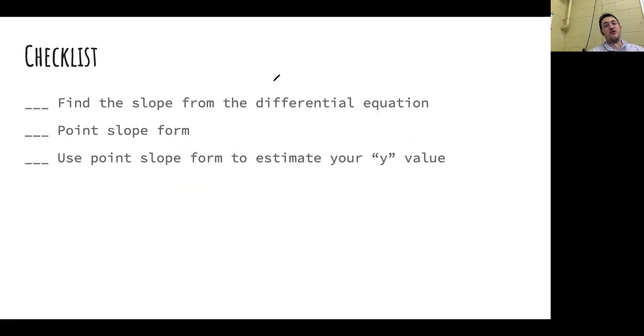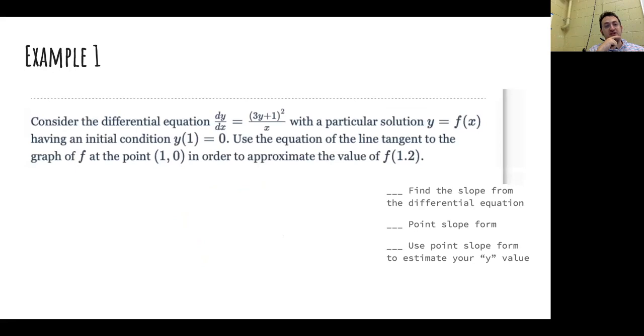So let's actually take a look at one now. All right, so this first question here, consider the differential equation. You'll always be given a differential equation with a particular solution having an initial condition of y of 1 equals 0. So I'm going to circle this and I'm going to write this as my initial condition.